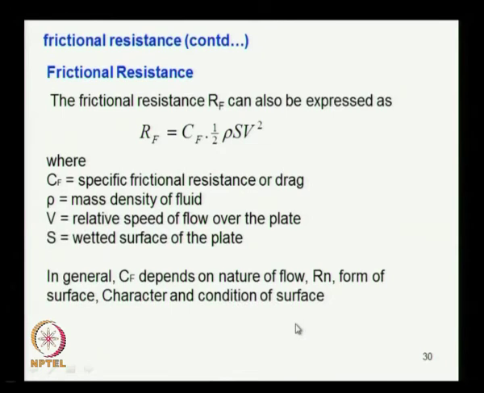Then the character and condition of the surface, that is whether it is smooth or rough, on which the frictional coefficient depends. So all these parameters contribute to the resultant frictional resistance.